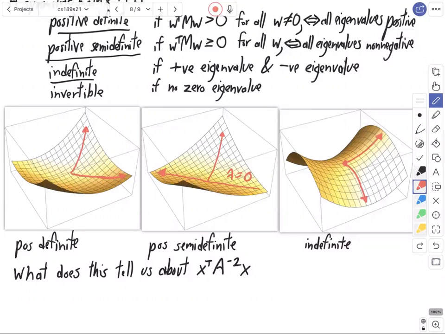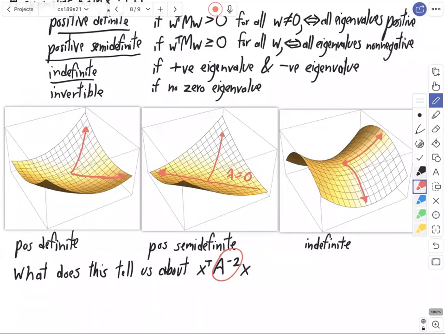I should also say, since A is invertible in the situations that we're going to be looking at, meaning the anisotropic multivariate normal distribution, there can't be a 0 eigenvalue either, because if there was a 0 eigenvalue, A would not be invertible.